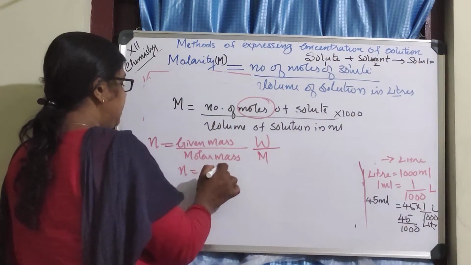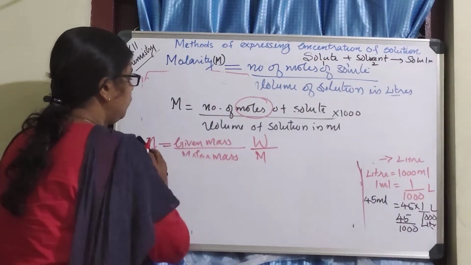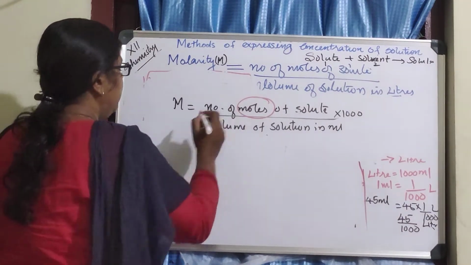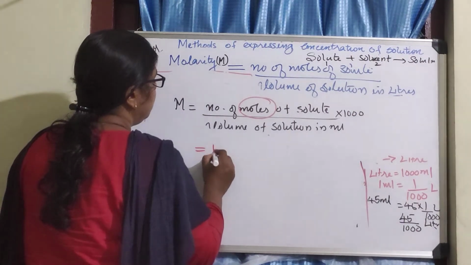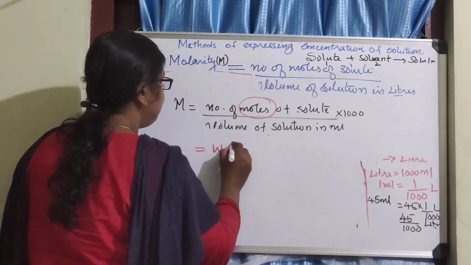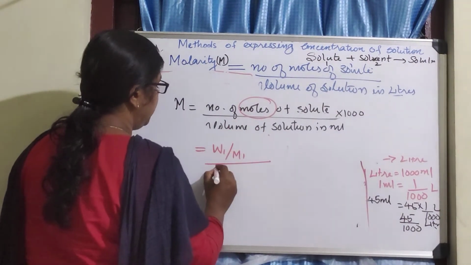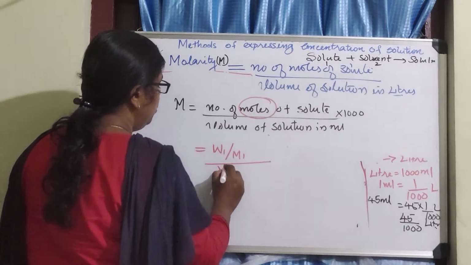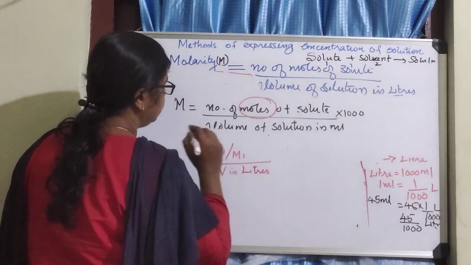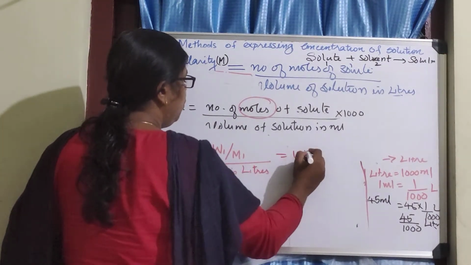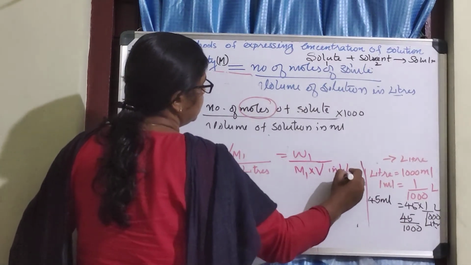Therefore, we can substitute this value in this equation. We can substitute and we will be getting W1 by M1 divided by volume of solution, volume of solution in liters. That is W1 by M1 into V in liters.